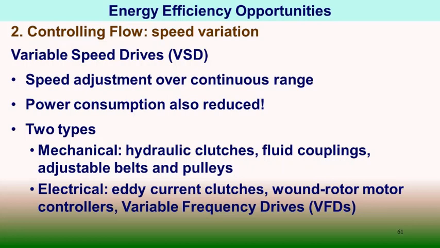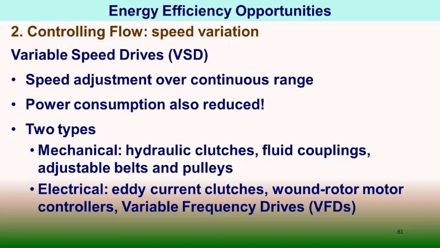Mechanical variable speed drives include hydraulic clutches, fluid couplings and adjustable belt and pulleys, and electrical variable speed drives include eddy current clutches, wound rotor motor controllers, variable frequency drives, and VFDs are most popular and adjust the electrical frequency of the power supplied to a motor to change the motor RPM. So this way you can utilize them.